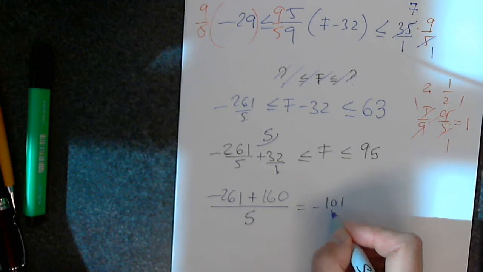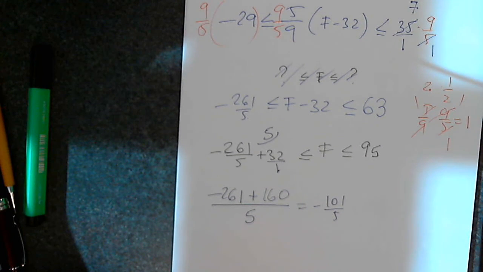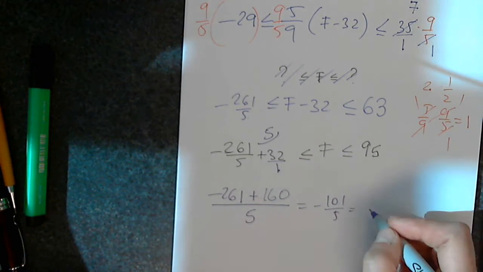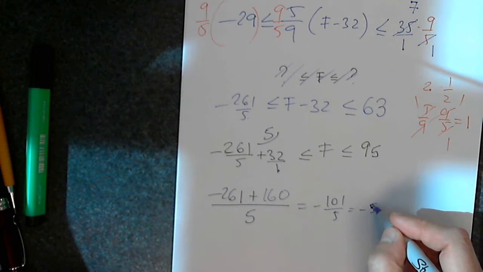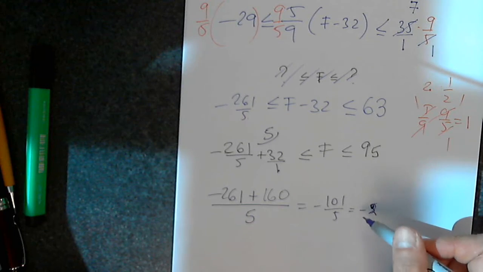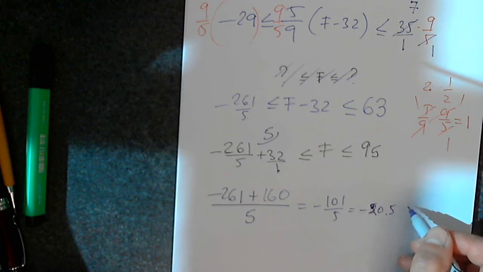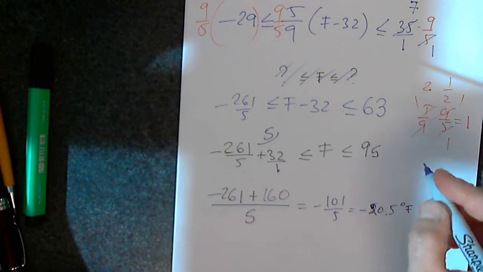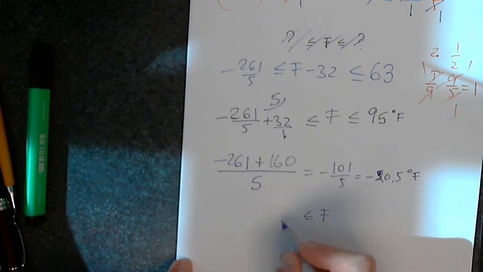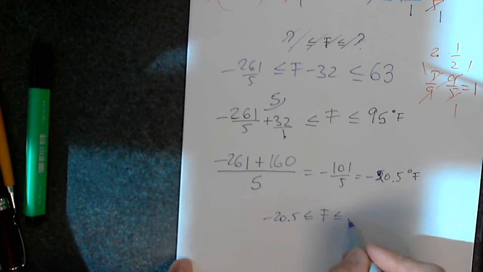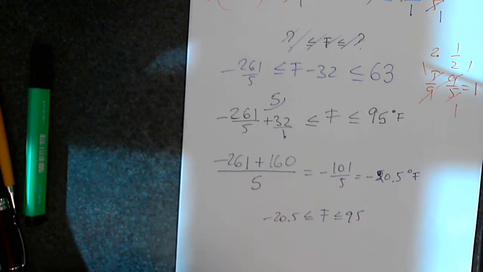So this is -101/5. Because it's about temperatures, I will divide and write it as a decimal, not leave it as a fraction. So this is -50, right? 2, I'm sorry. -20.2 degrees Fahrenheit. And I'm going to write it here as well. So F is between -20.5 and 95.